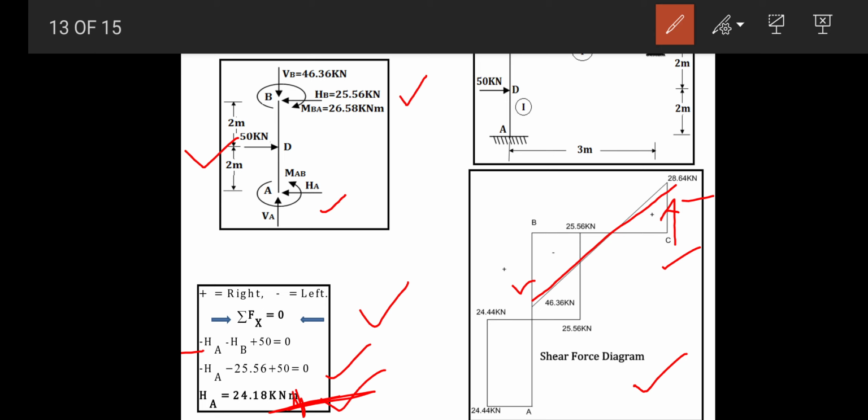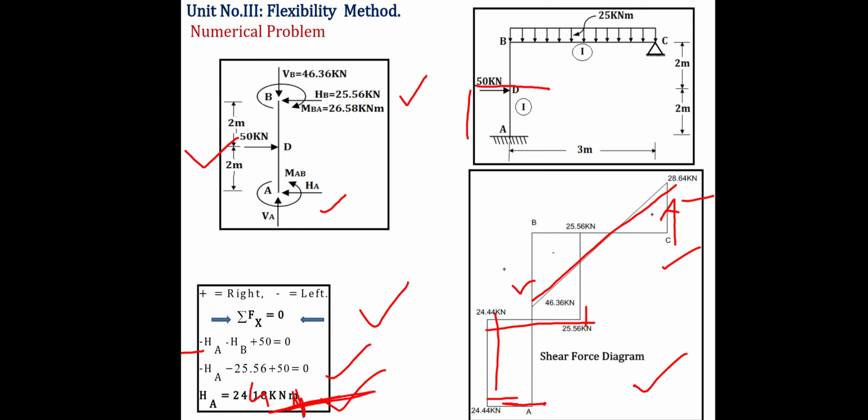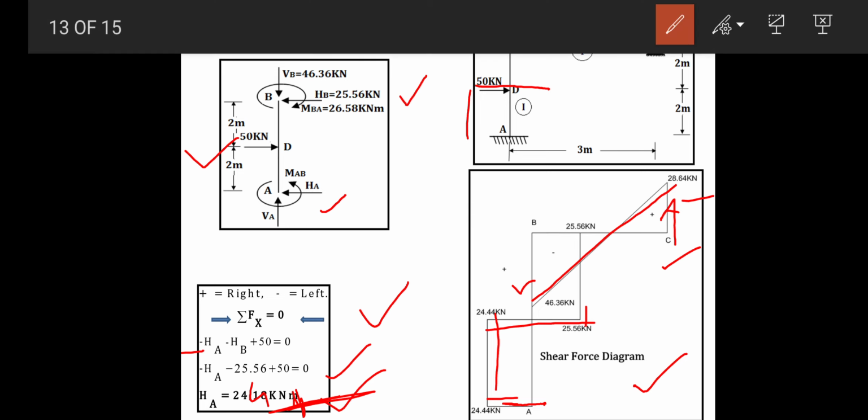Therefore the 24.44 kilonewton at A, the reaction is 24.4, and then there is no load up to 50, so a straight line, and there is a 50, so minus 50, so 24.44 minus 50 becomes 25.56, and no load between 50 and point B, so there will be a straight line. So we have the shear force diagram.